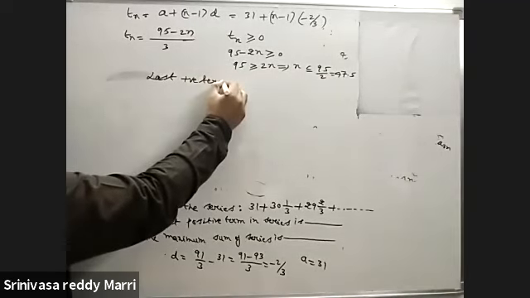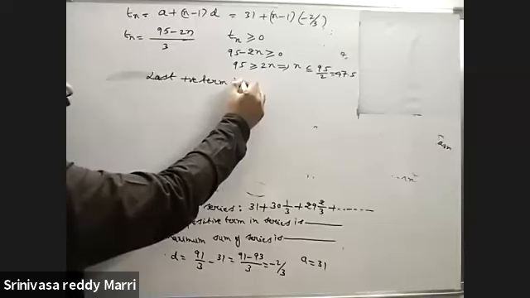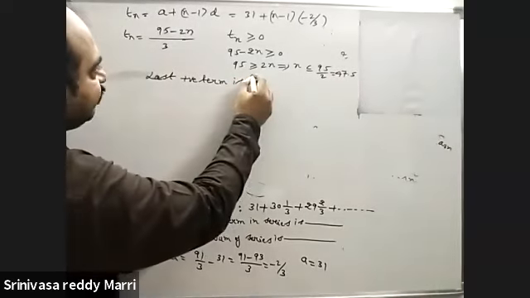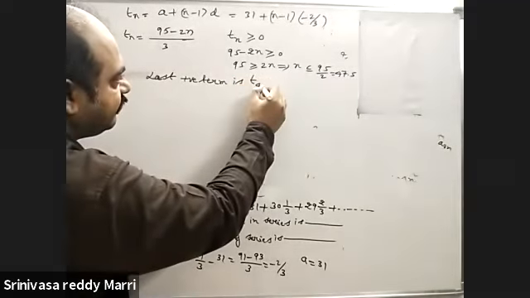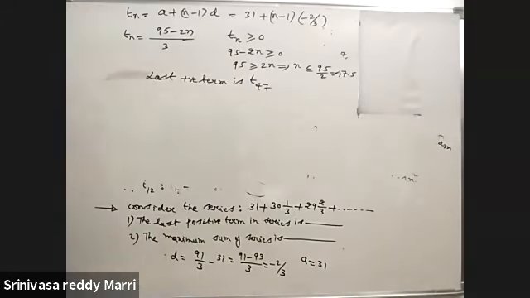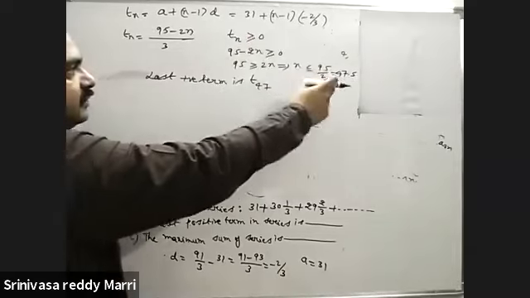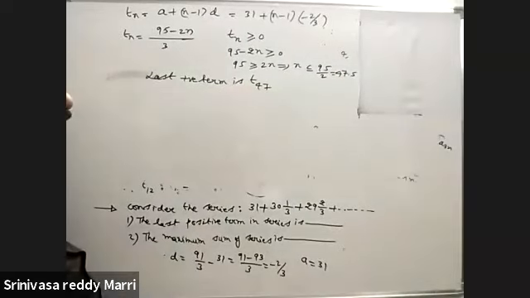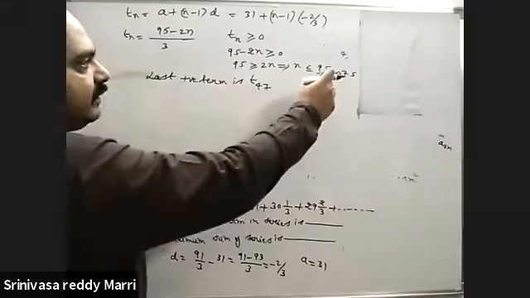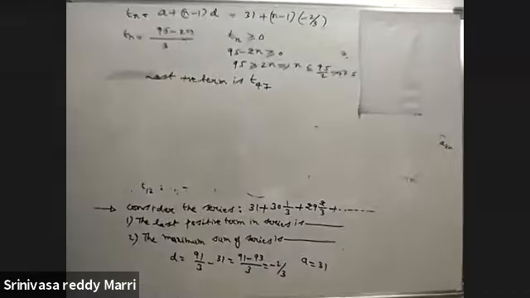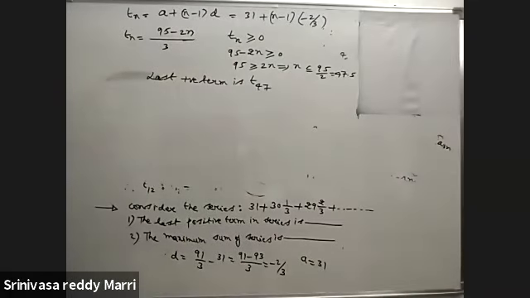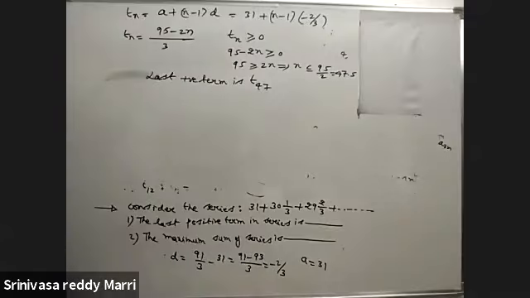If you take n equal to 47, that means T47. Because you have written Tn greater than or equal to 0, you got n less than or equal to 47.5. That means lastly, when n equal to 47, Tn will be positive. So the last positive term is T47.